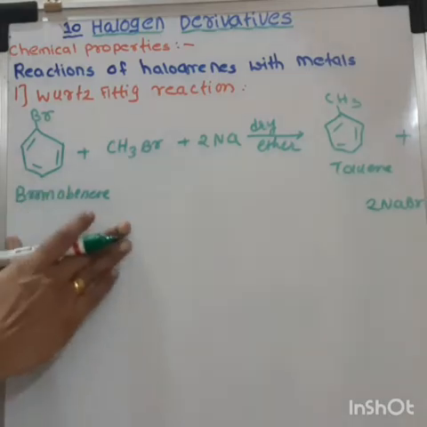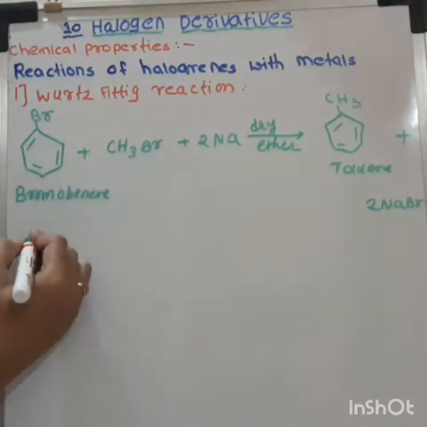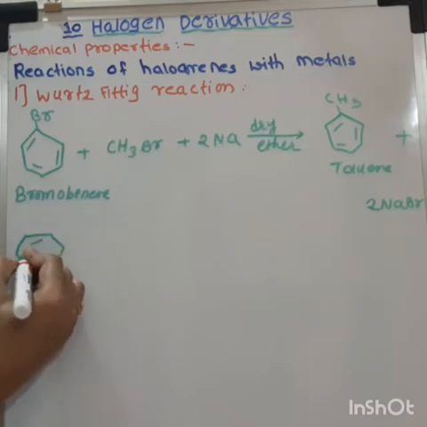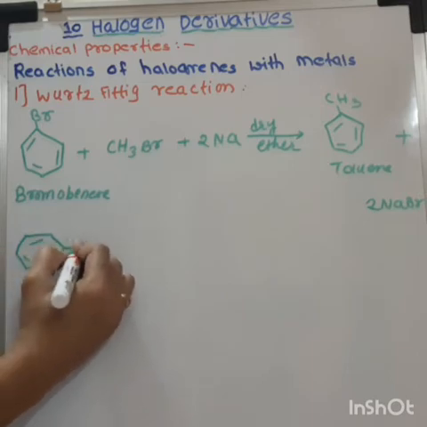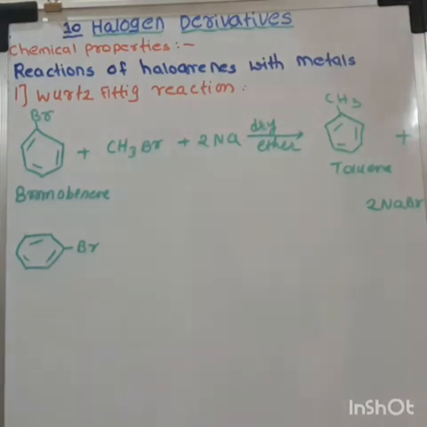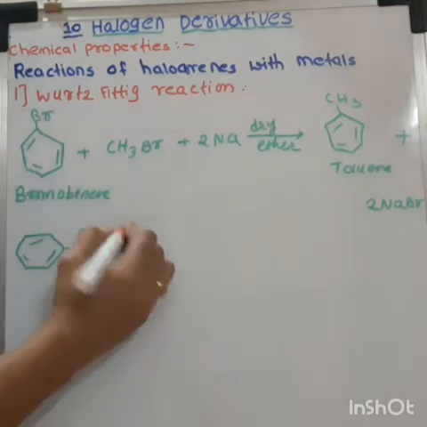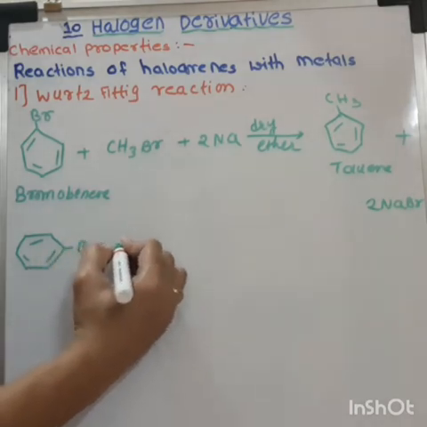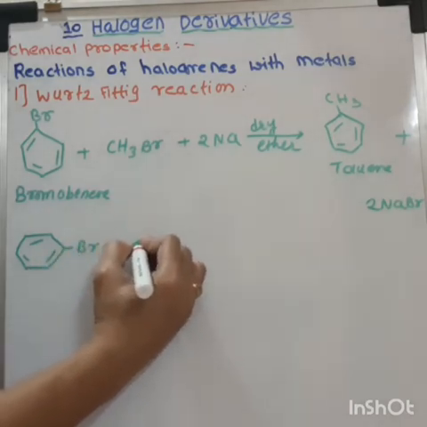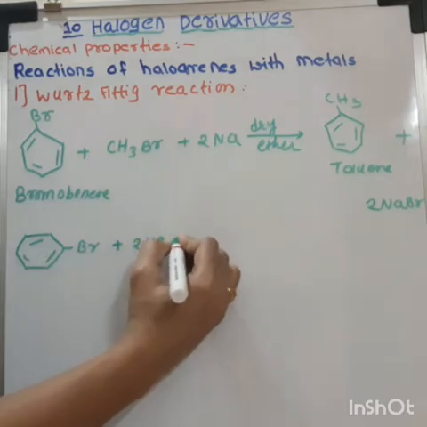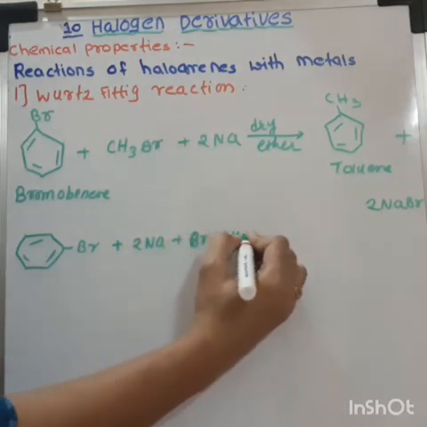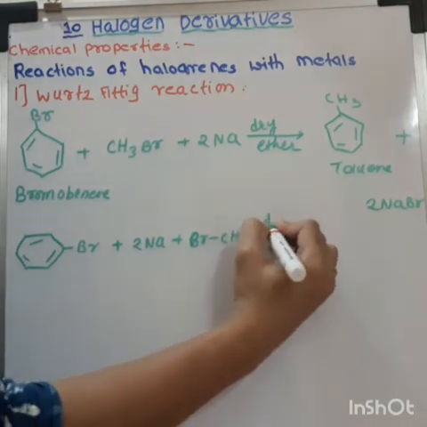For the sake of simplicity we can write this reaction in another way, only for the sake of simplicity. We can understand how this reaction is going on. Plus 2 molecules of sodium plus methyl bromide in presence of dry ether.